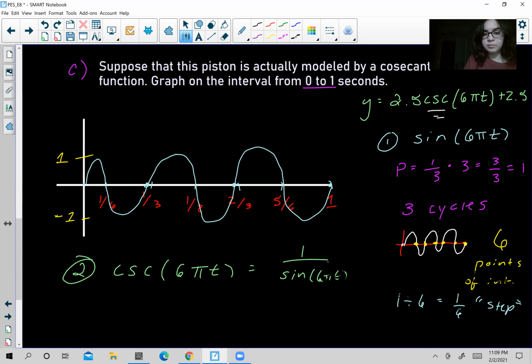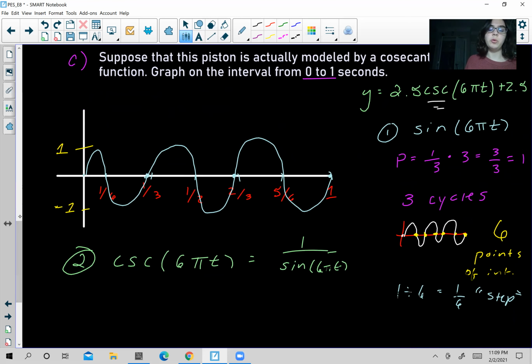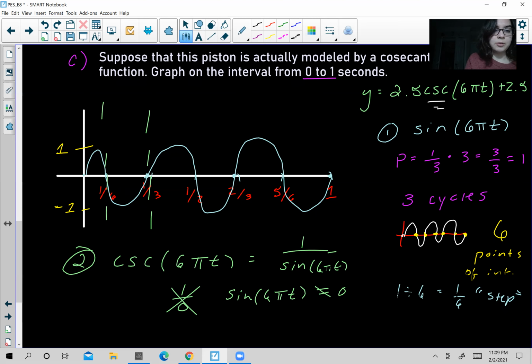That just means we're going to do 1 over every point. But we really want to pay attention to the points where our sine function equals 0, because we can't have 1 over 0. 1 over 0 is bad. So sine of 6 pi times t cannot equal 0, which means we're going to have asymptotes at all our points of interest. I know it's a weird phrase, but I don't know what else to call it.